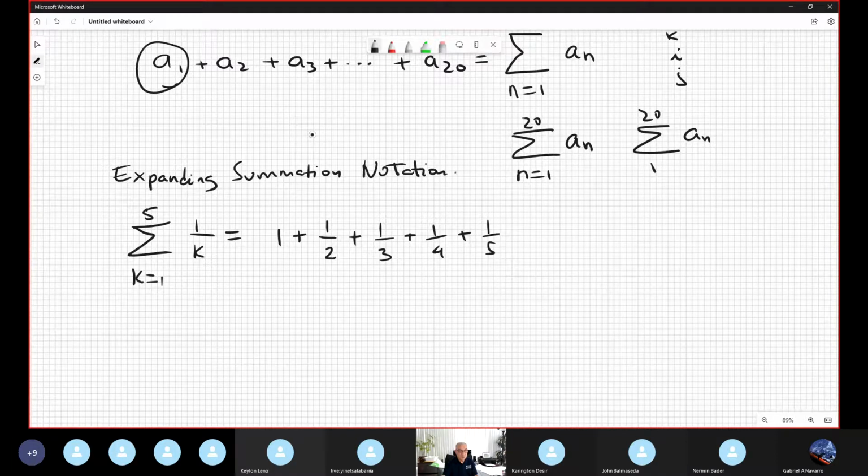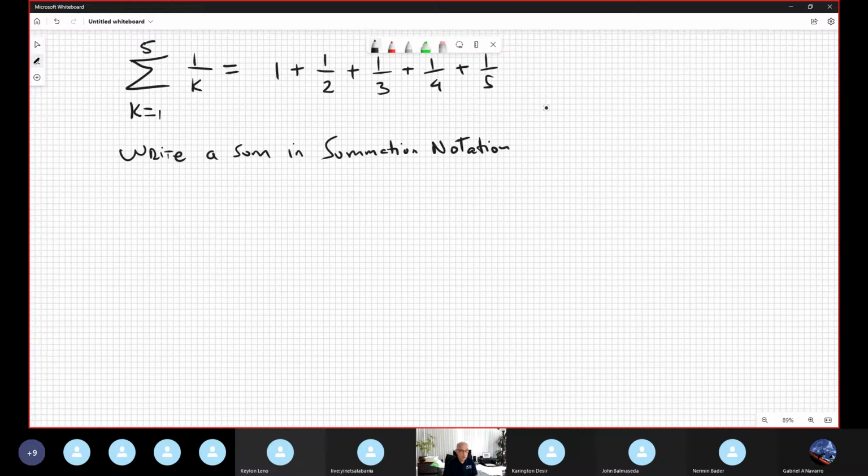Let's do it now the other way, condensing a sum into summation notation. Suppose we have 1 squared plus 2 squared plus 3 squared plus and so on.